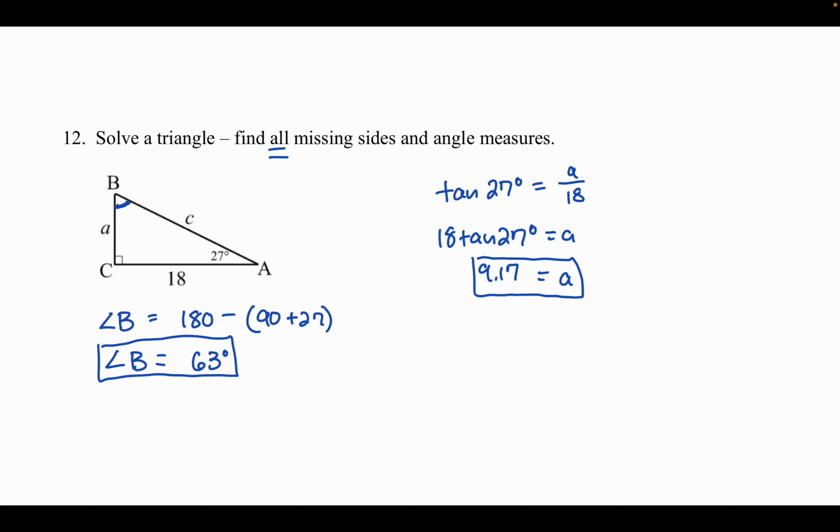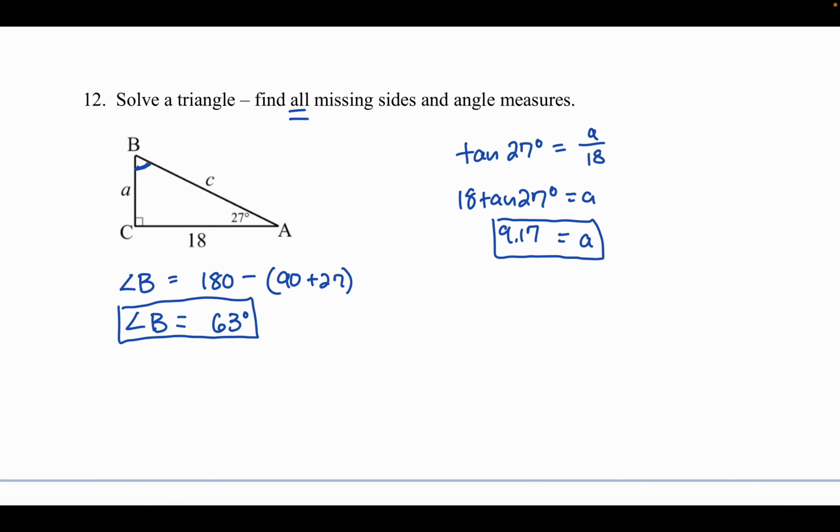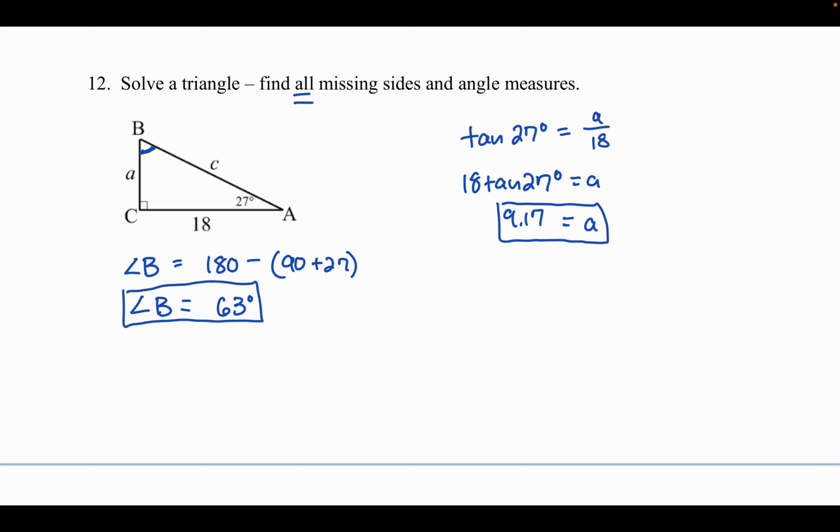So that's my approximation. I'm going to keep the exact value in my calculator though, because I'm going to use that exact value of A with the side length of 18, and use the Pythagorean theorem to solve for C. So I know that A squared plus B squared has to equal C squared. A is about 9.17. I'll write the approximation on the paper, but in my calculator I will use the exact value.